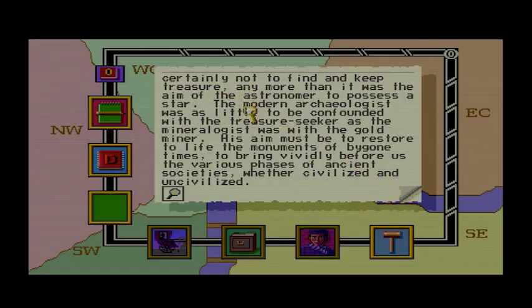The modern archaeologist was little to be confounded with the treasure seeker, as the mineralogist was with the gold miner. His aim must be to restore to life the monuments of bygone times, to bring vividly before us the various phases of ancient societies, whether civilized or uncivilized.